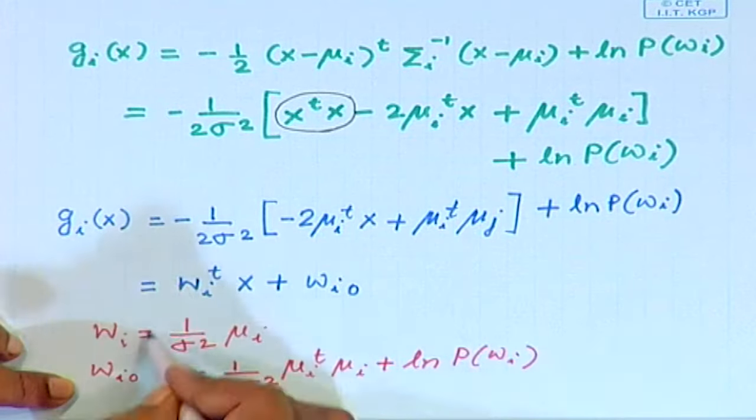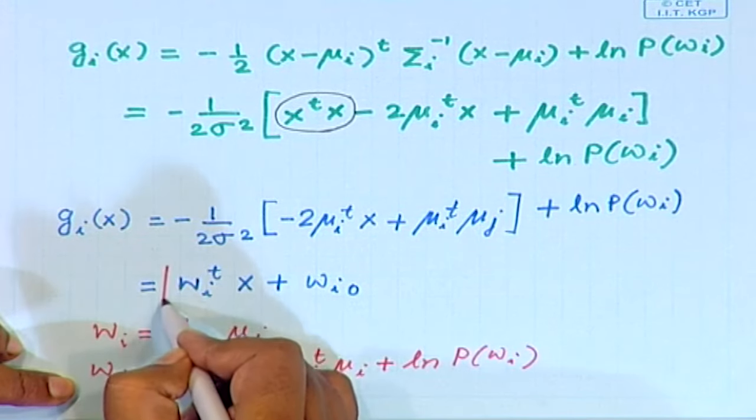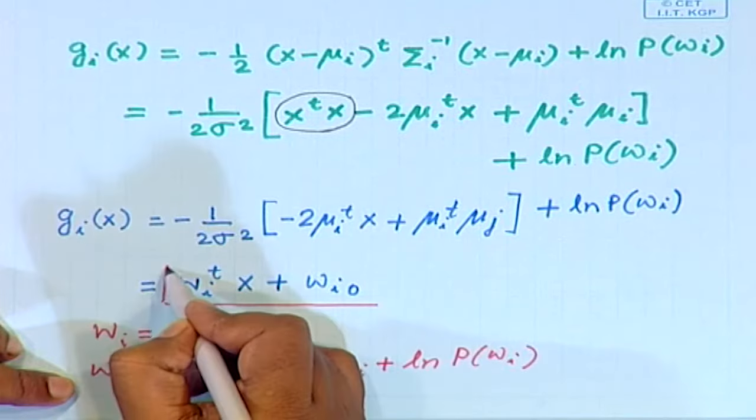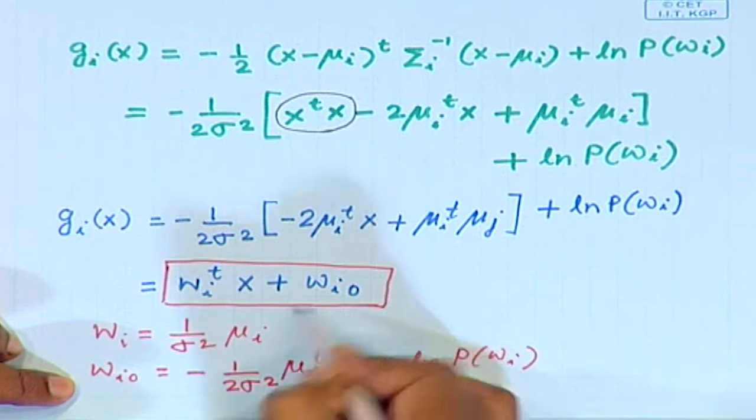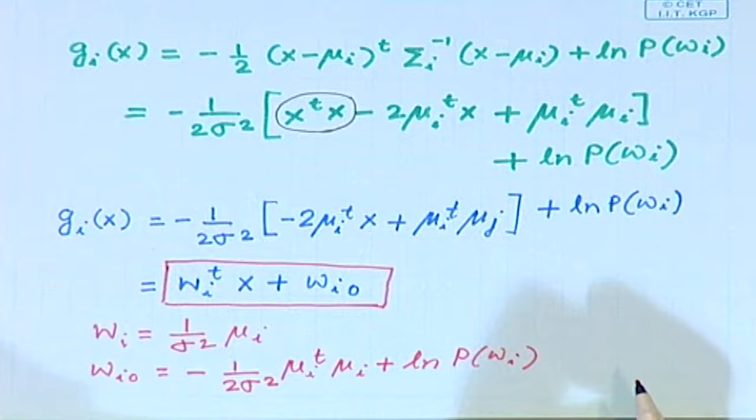So if you look at this expression, finally how we get the discriminant function expression for g_i(x) is w_i transpose x plus w_i0. This is nothing but a linear equation. So in this simplified case, when all the covariance matrices for all the classes are the same and are of the form σ² into I, the discriminant function simply becomes a linear equation.